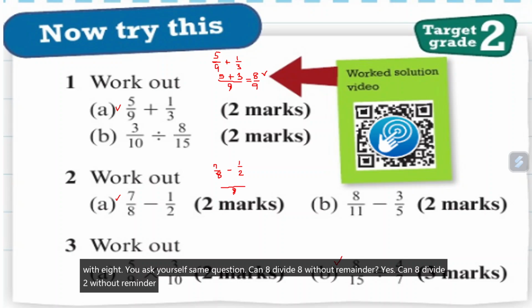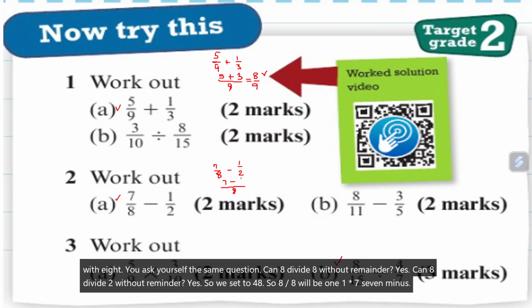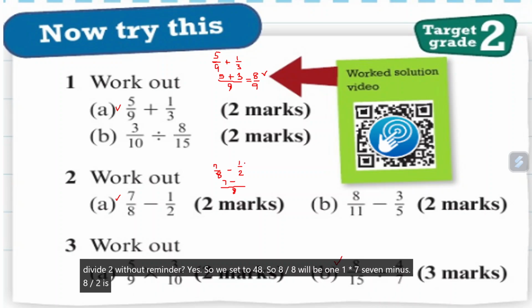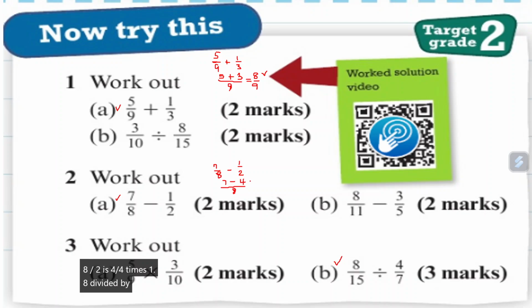Yes. So we settle for 8. So 8 divided by 8 will be 1. 1 times 7, 7, minus 8 divided by 2, 4. 4 times 1, 4. So we subtract. 7 minus 4 will be 3 over 8.